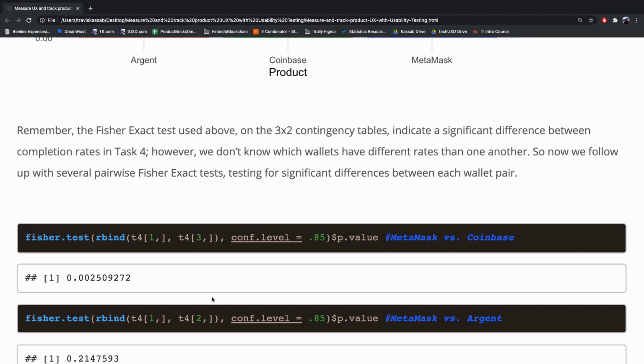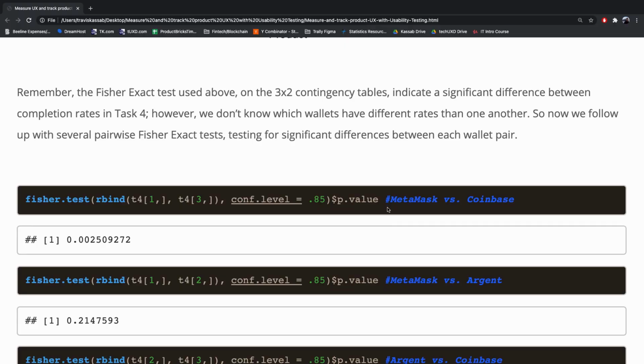Okay, again, like I said before, we did a Fisher exact test on the 3x2 contingency table, and it tells us if something is different within the tasks, but we don't know which wallets are different from one another for each task. So we follow up with pairwise Fisher tests. For example, right here is a Fisher exact test for MetaMask versus Coinbase on task 4, and we get a 0.002 p-value.